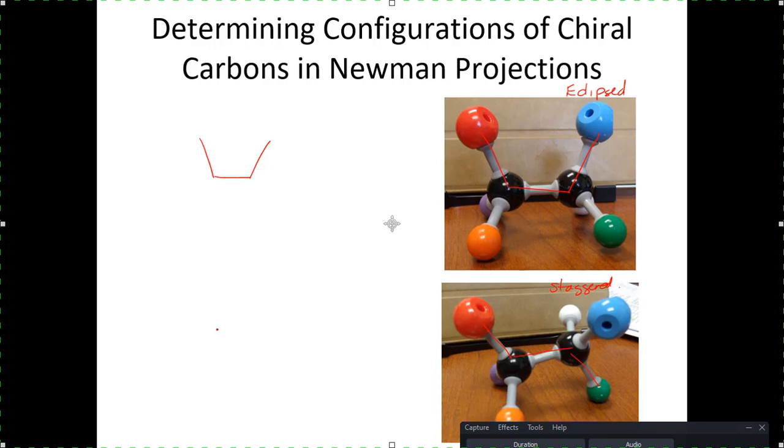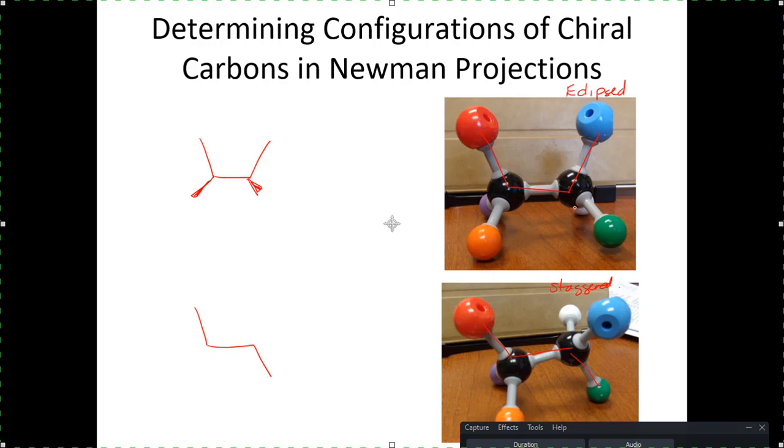So if you're looking for mnemonics, the S for staggered and a turned E with no center for eclipsed. That's really a U, but I don't know what you use there. And then if you look, the orange and green are pointing towards us, so they would get bold wedges.